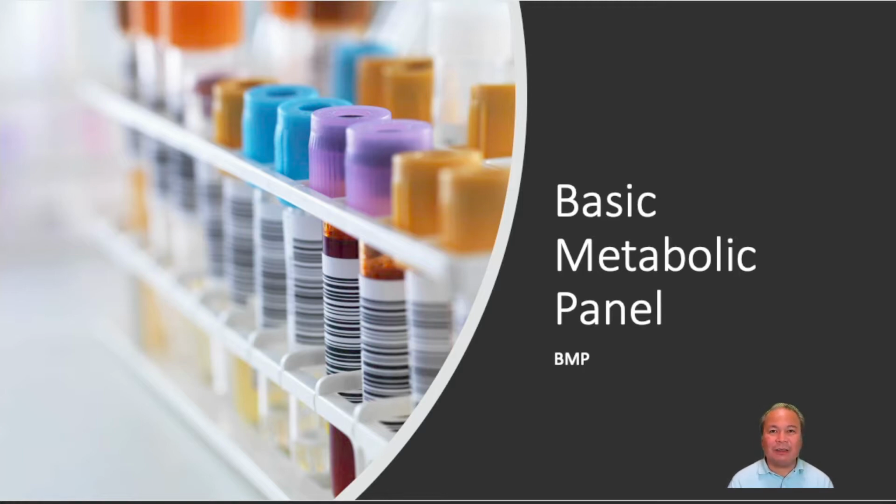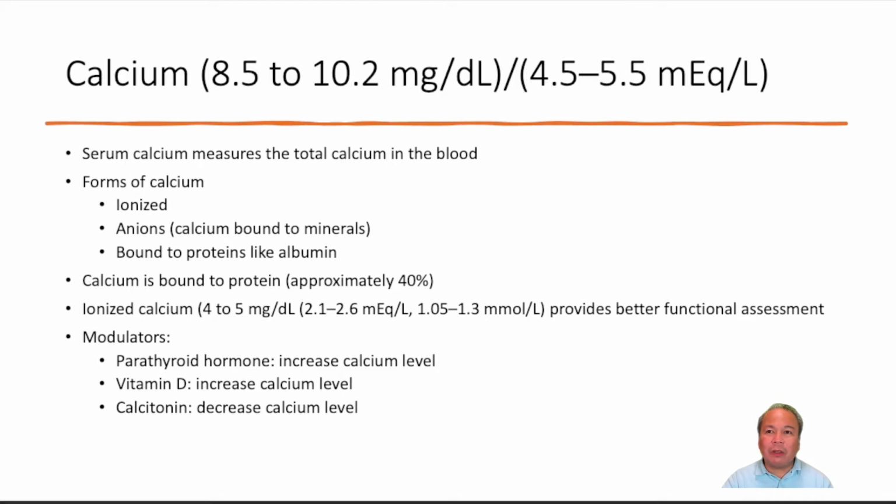We're going to talk about the calcium levels. Okay, so let's start. Now, when we talk about calcium level, we talk about the serum calcium levels. And when we look at our chemistry 7 or basic metabolic panel, what you're going to see is a result that is related to serum calcium levels.